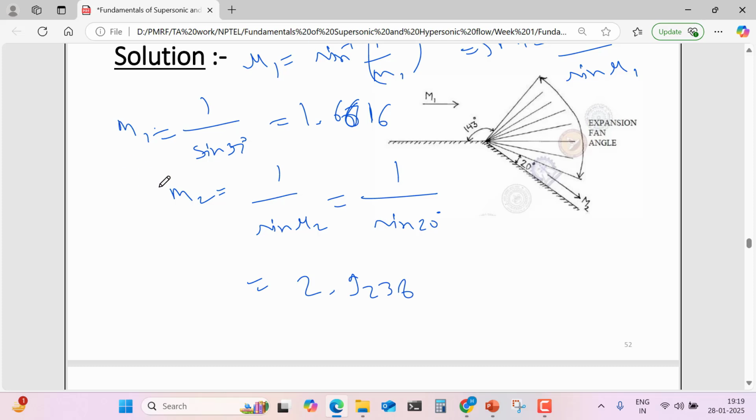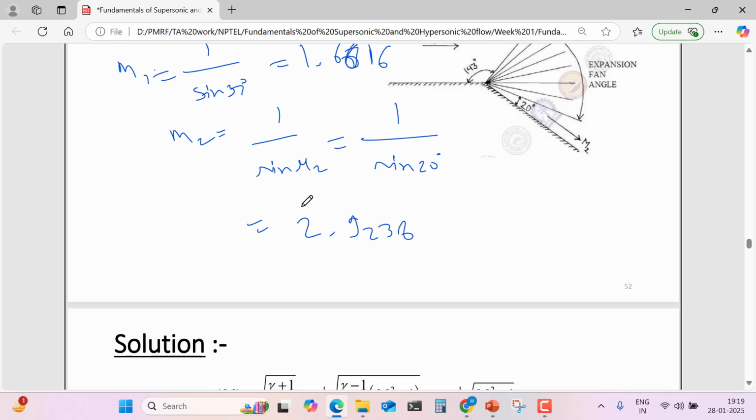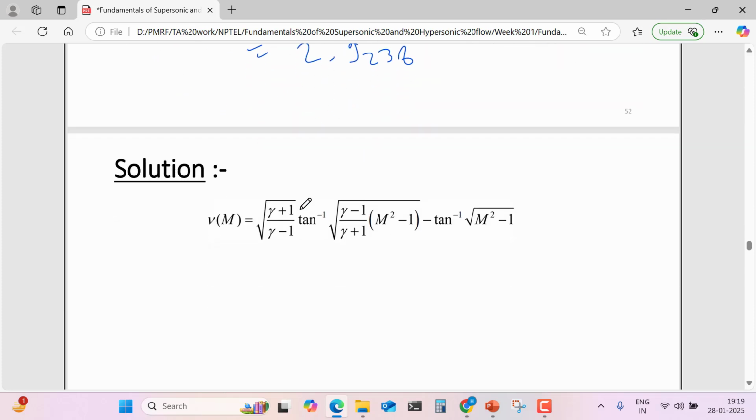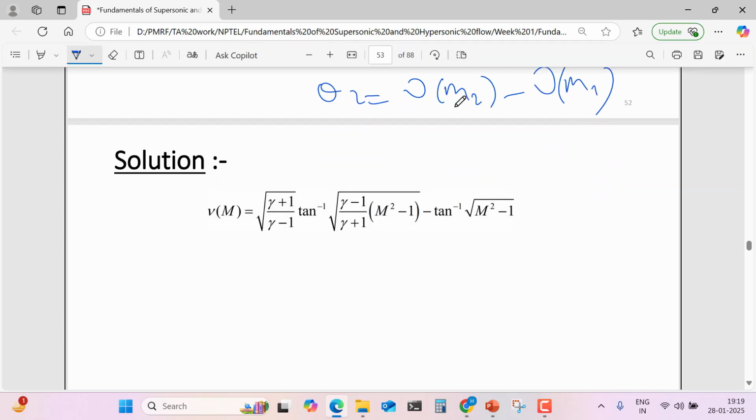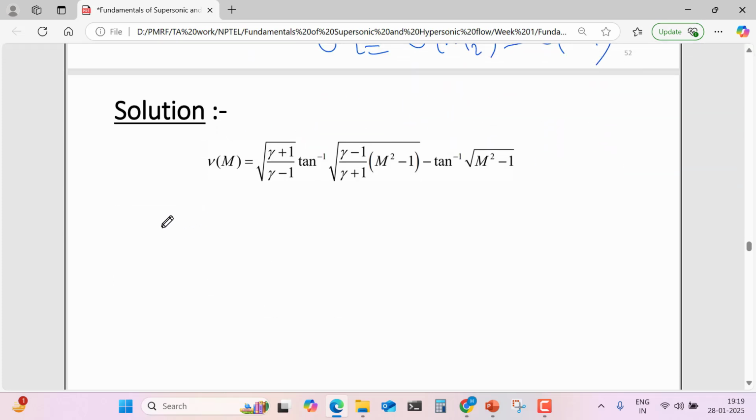Now we know m1 and m2, then we know theta 2 is nu m2 minus nu m1. So we can find nu m1 by putting the value of m1 here.